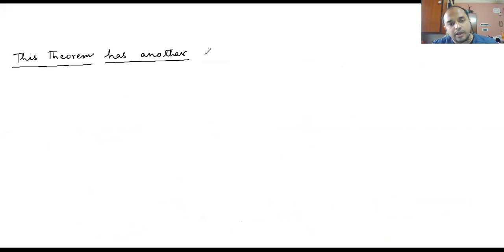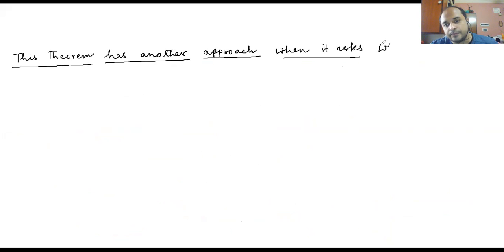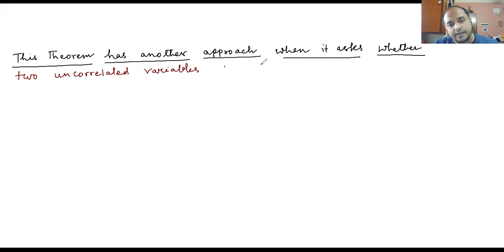This theorem has another part, another approach, when it asks whether two uncorrelated variables are independent.